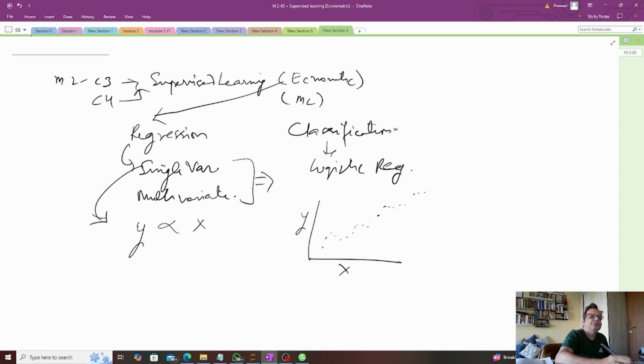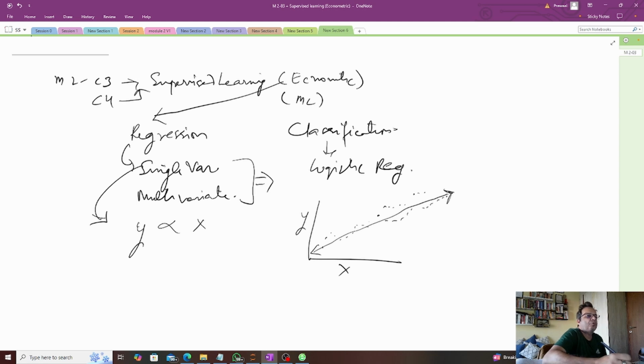Okay, so now you want to model a line which models these points in such a manner that the equation of this line is as close to the real data points as possible. So that's what regression is.